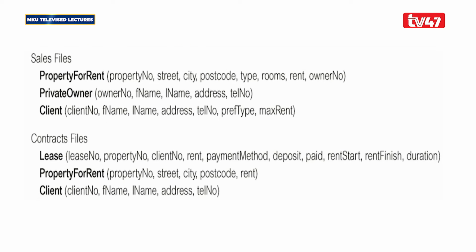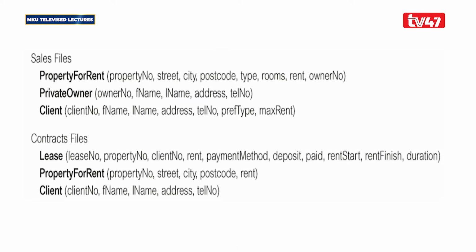So while we talk about these small files or files relating to departments, you can have, for example, in the sales file, a few fields relating to property for sales, private owner, and client. Look at the property for rent within this file and this particular file. Remember, these are two files.